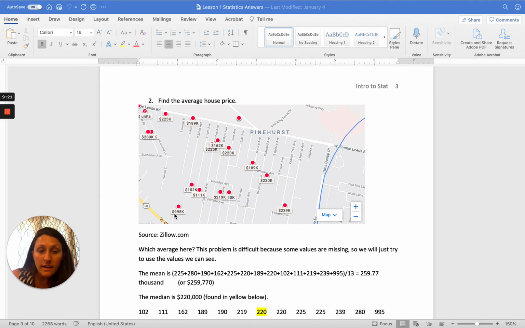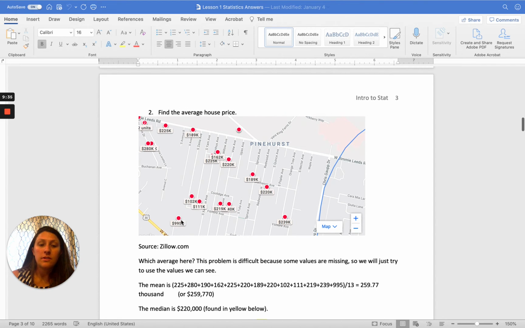But there is one that's much higher than the rest. We call numbers like this 995,000, like this house is almost $1 million, outliers. So this number is much, much higher than the rest of these data points.